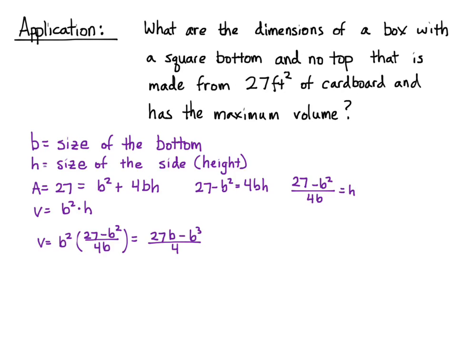Okay? Everybody follow this? This is just algebra here, where I'm saying from the size I get this formula, I can solve for h, and then I can stick the h in this volume formula, so I know here's the formula for my volume based on using 27 square feet of cardboard.